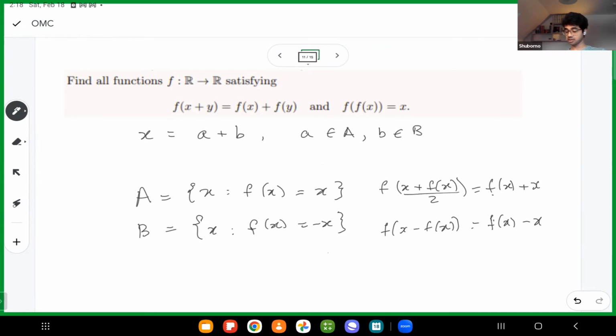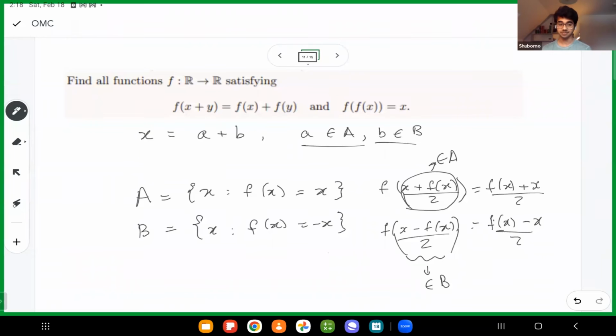And you can always scale these things, so that's fine. So this value is in A and this is in B. Any x can be expressed as a plus b, where a is in A and b is in B.